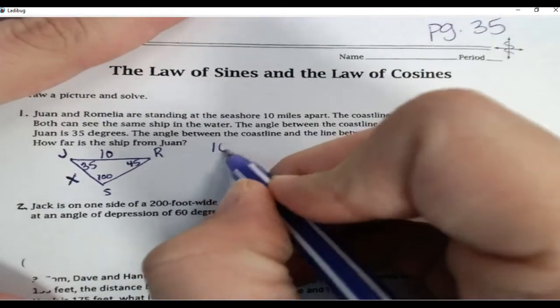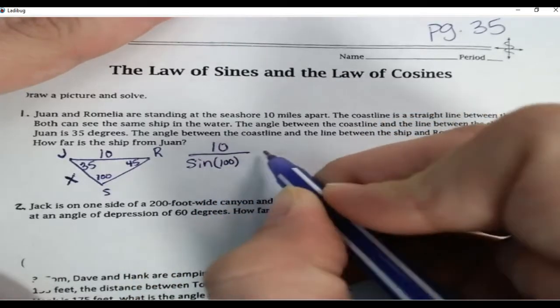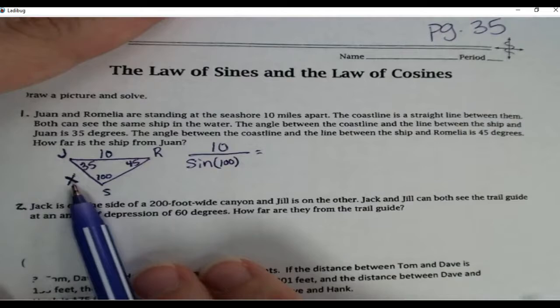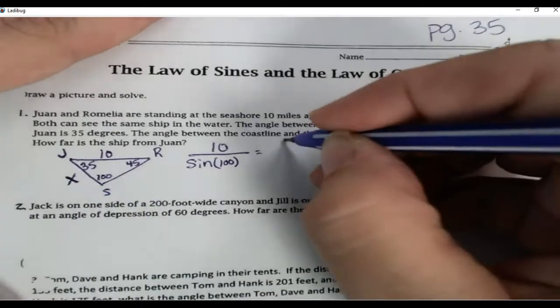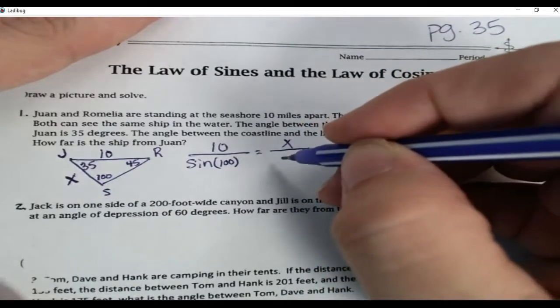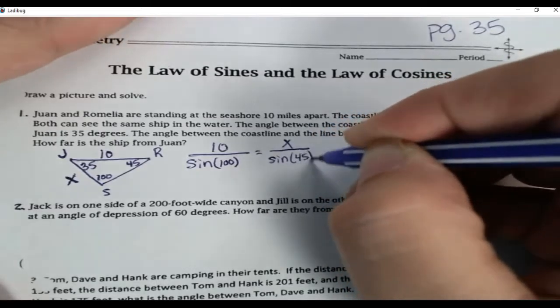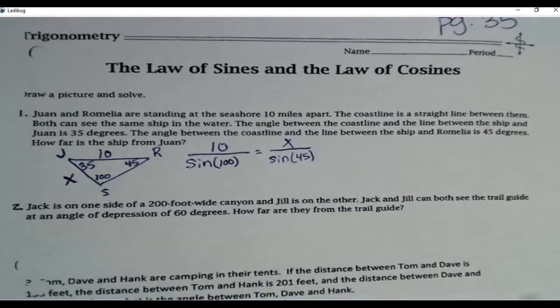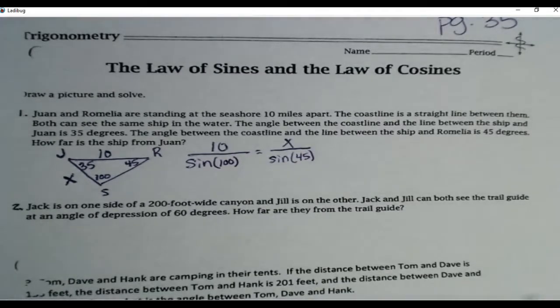So 10 over sine of 100 equals, and I'm looking for X, and its opposite angle is 45. So X over sine of 45. Question on setting it up.